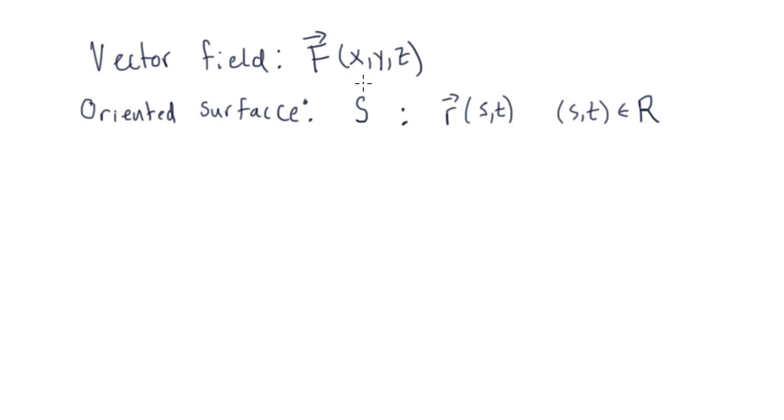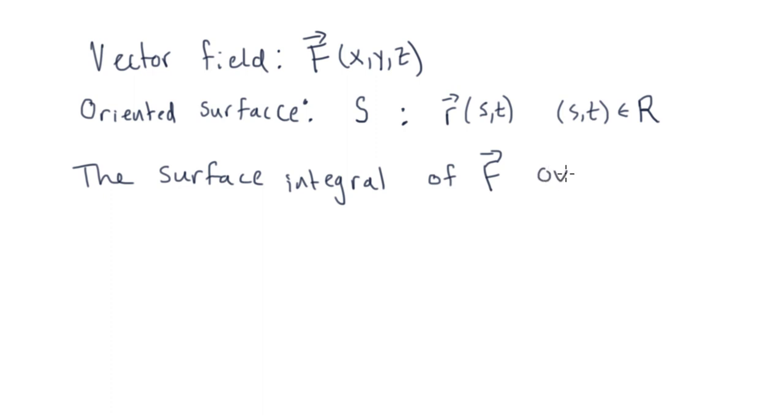So we have a vector field, oriented surface. Here we go. The surface integral of the vector field over S is, okay, so it's going to be a double integral because it's just naturally a two-dimensional object, and it really is generalizing the idea of a double integral.